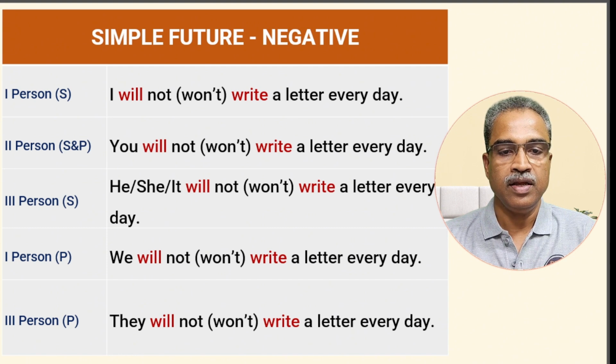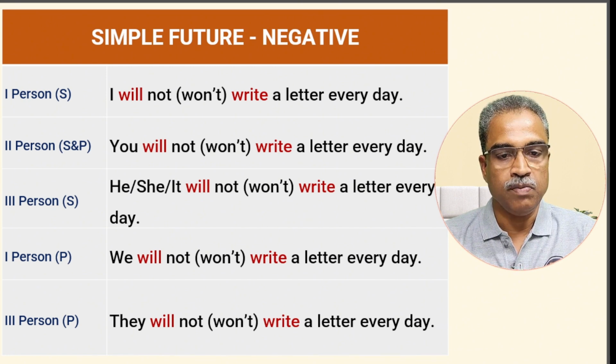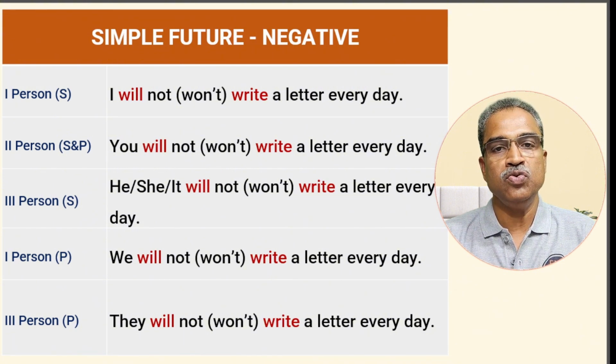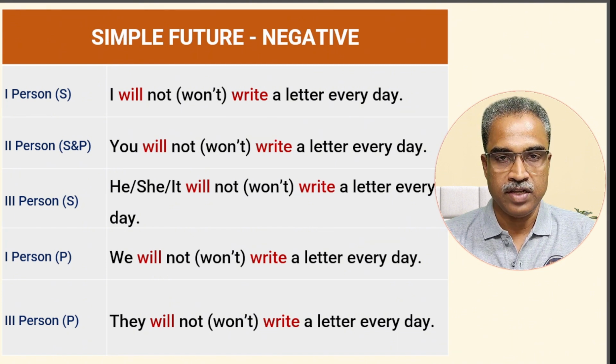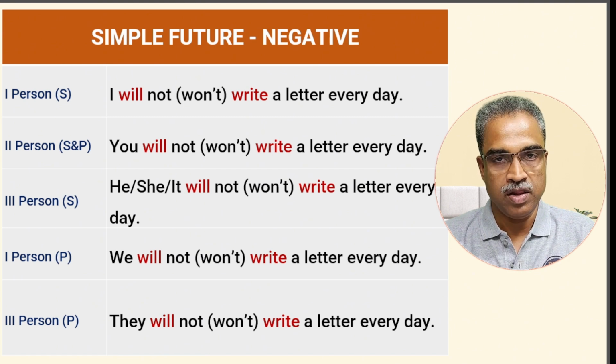The only thing in the simple future that you need to remember is that a sentence starts with the subject. It could be any kind of pronoun, or it could be a noun, and then we need to use will or shall. And as I said, mostly these days we can safely use will.